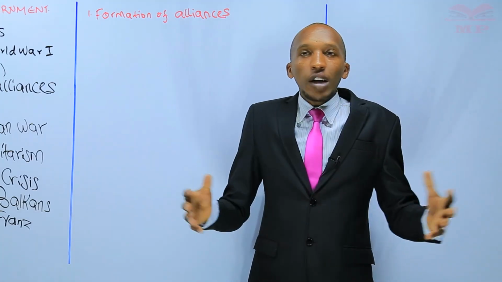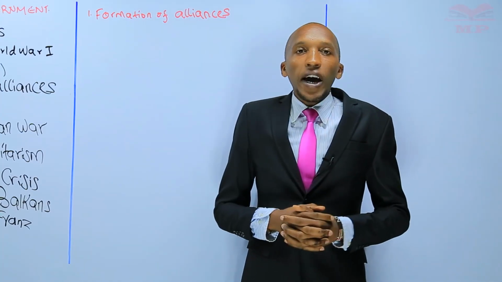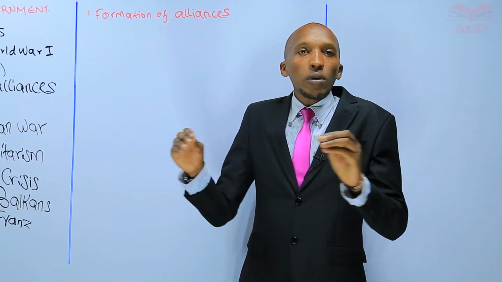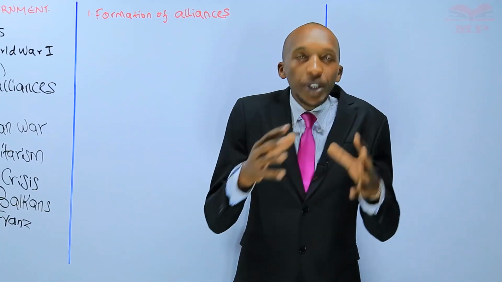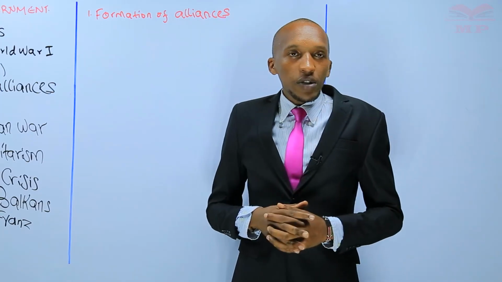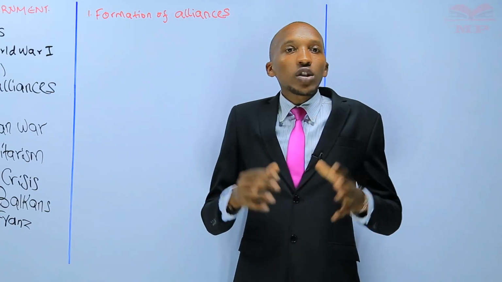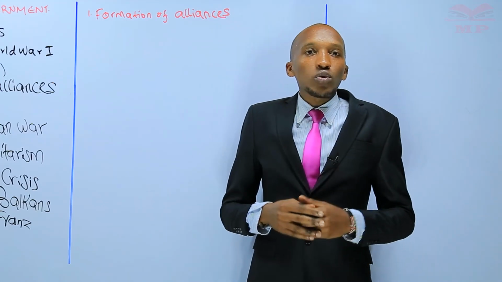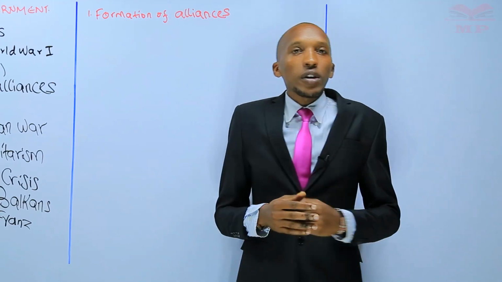Let me give an example. When you have elections in Kenya, you find different political parties coming together so that they can compete against another group of political parties. For example, in our last elections, we had two big camps rivaling for the presidency.